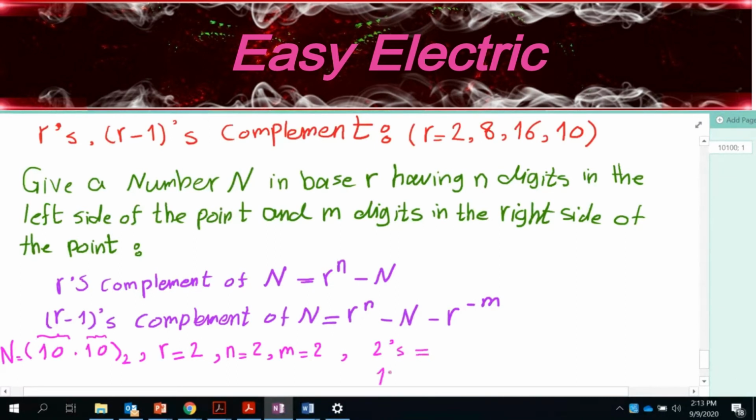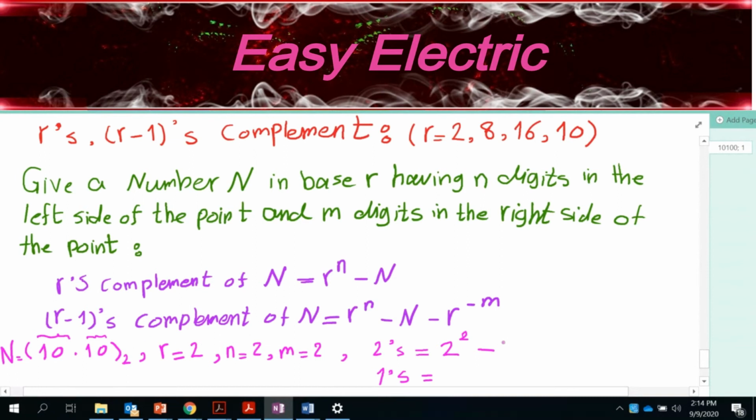So we could have 1's complement, which is R minus 1, which is 2 minus 1, right? So the 2's complement of this number is equal to, you see the definition, R, which is 2 power n. What is n? N is 2, okay, minus n, right?